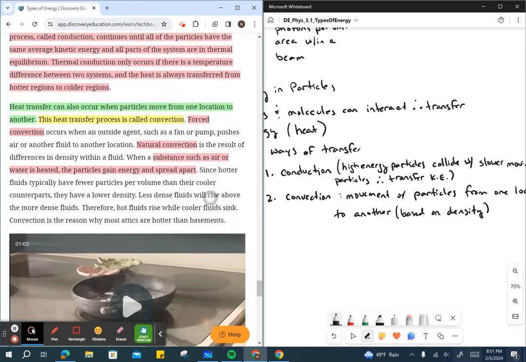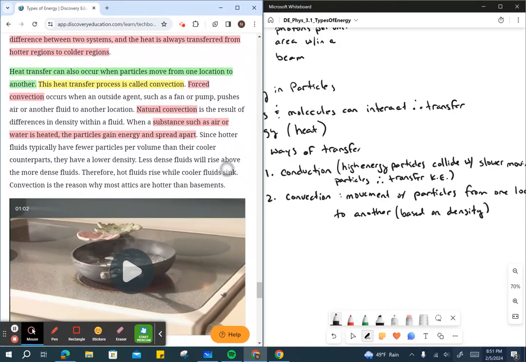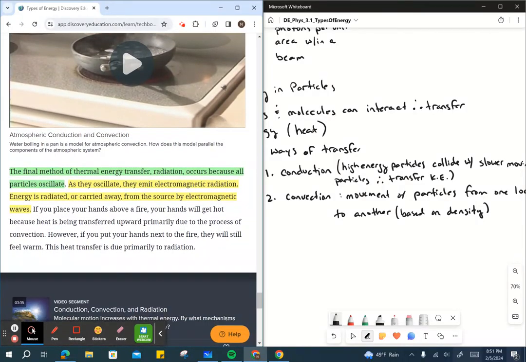And they talk about artificial versus natural convection. And then they talk about a final method, which is your radiation. The final method of thermal energy, radiation.